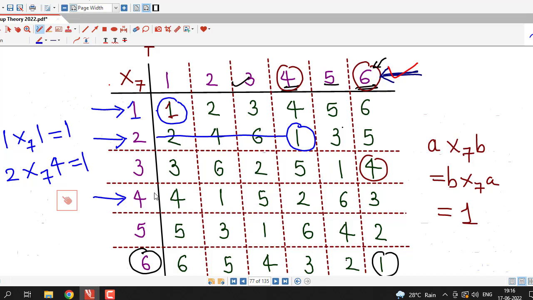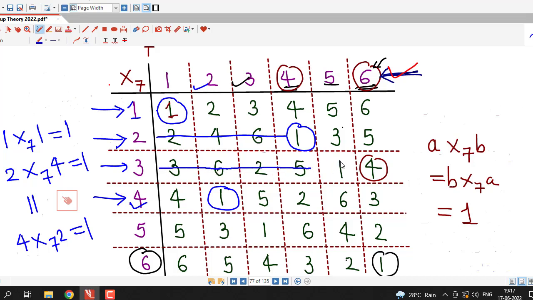If I check for 4 and find the identity here, this means 4 into 2 equals 1. So here we have 4 into 2 equal to 1. This means 2 and 4 are inverses of each other. Same thing for 3, we search for the identity in this row.